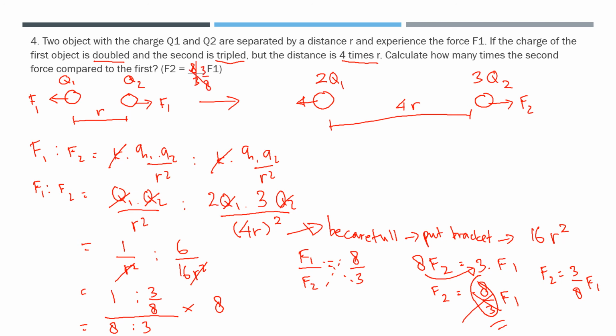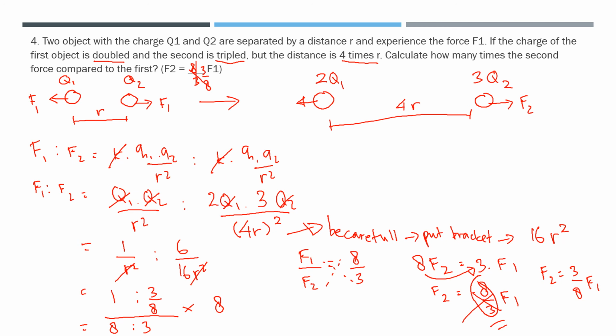Then I suggest that after you count it, you check using your logic. You can see that the R is squared, right? So the one that has a very significant influence on the force is the R. If you change the R to be further, then the second force will be smaller than the first one, because it gives a very significant difference.